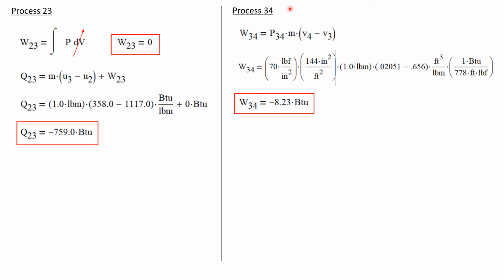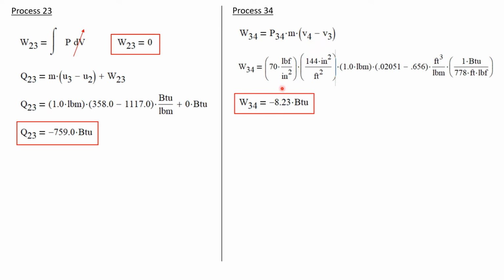Let's calculate work for the next process, process 3-4. Well, again, it's a constant pressure process. So the work done is the pressure times the change in volume, where the volume change is given as mass times the change in specific volume.